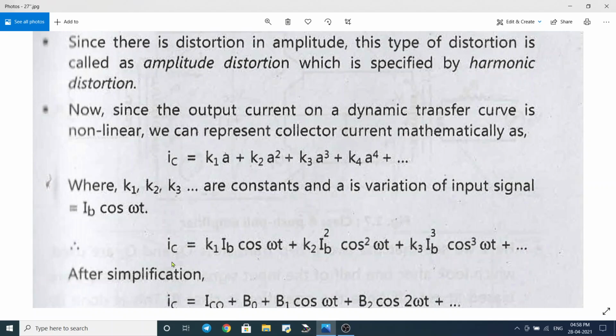So you can write IC as K1 IB cos of omega t plus K2 IB square cos square omega t plus K3 IB cube cos cube omega t plus and so on.